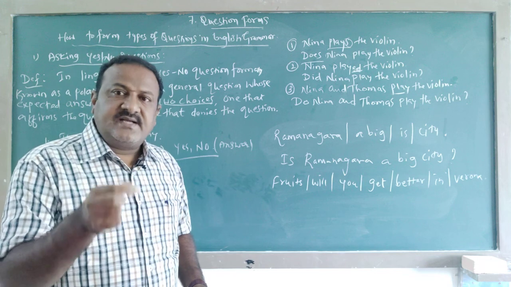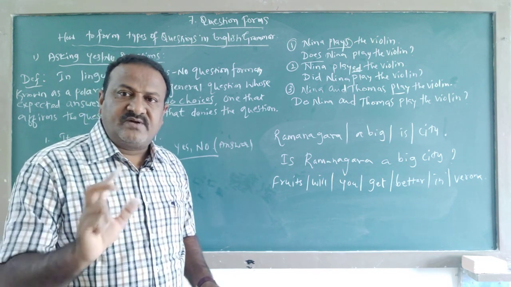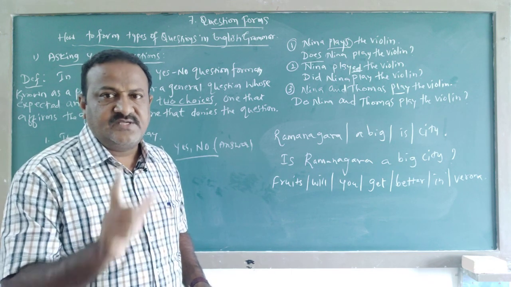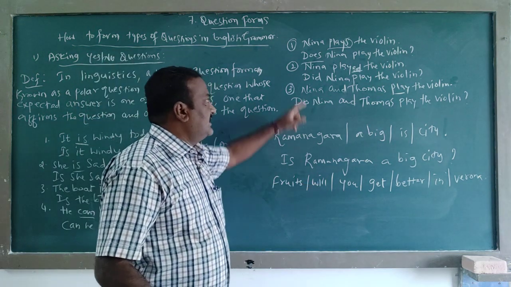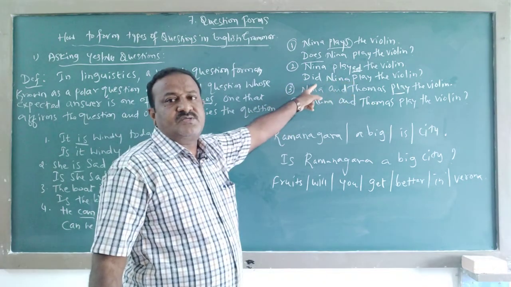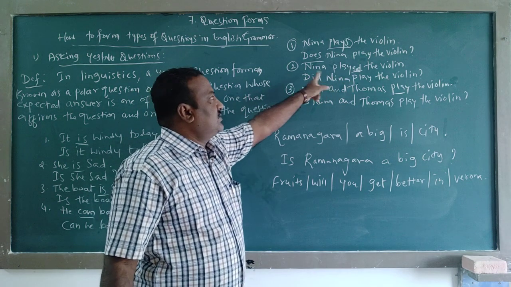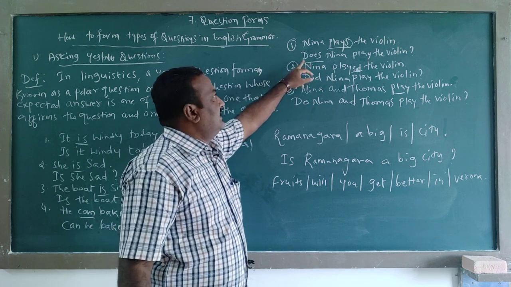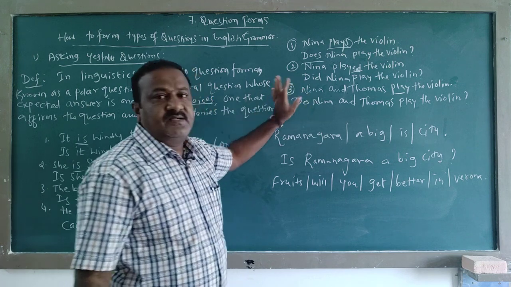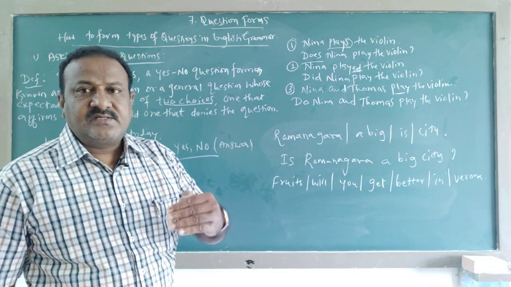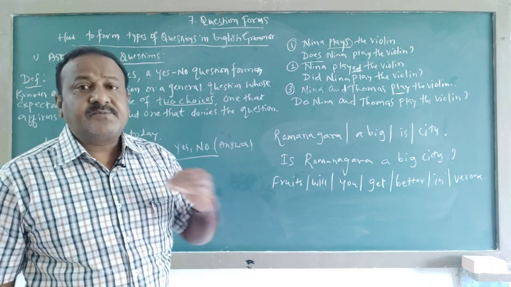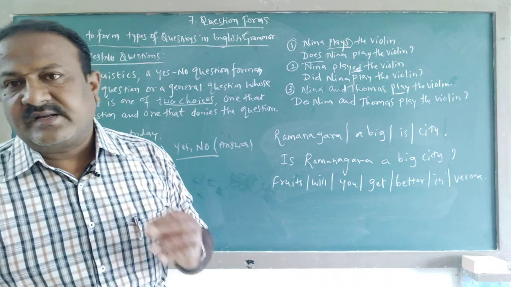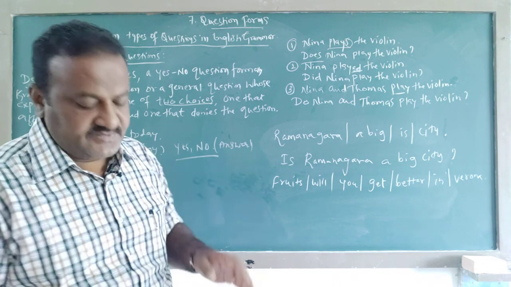If the helping verb is there, no need to worry, we can make it a yes or no question easily. If it is not there, then we have to see the statement and take does, do, or did, whichever is correct for that statement.